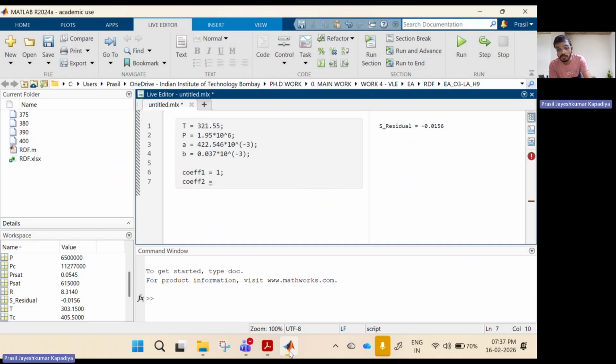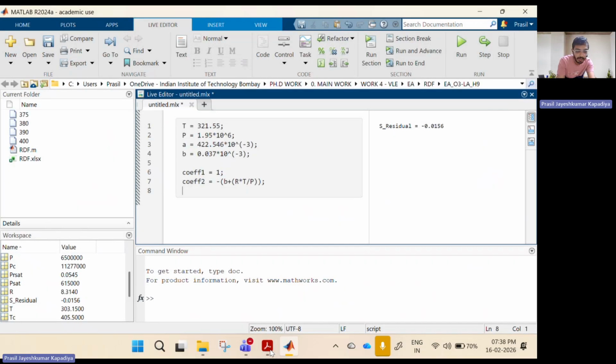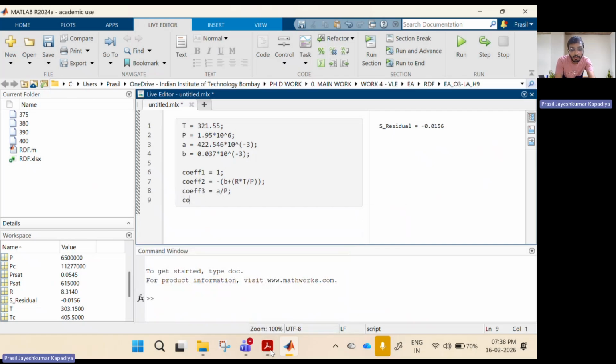Coefficient 2 is equal to minus of B plus R into T divided by P. My coefficient 3 will be equal to A by P, and my coefficient 4 is equal to minus A into B divided by P.